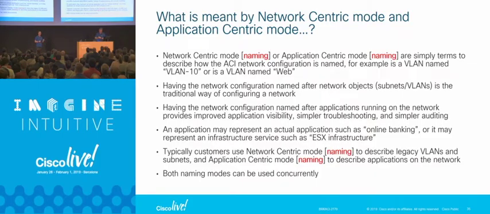So if I'm doing network-centric naming, it means that I've named something VLAN 10 or subnet 10. If I've done application-centric naming, it means that I've named it web app, DB, single sign-on, backend, database. It means that I've named the network constructs after the application. That's all it means. There's no difference than that.